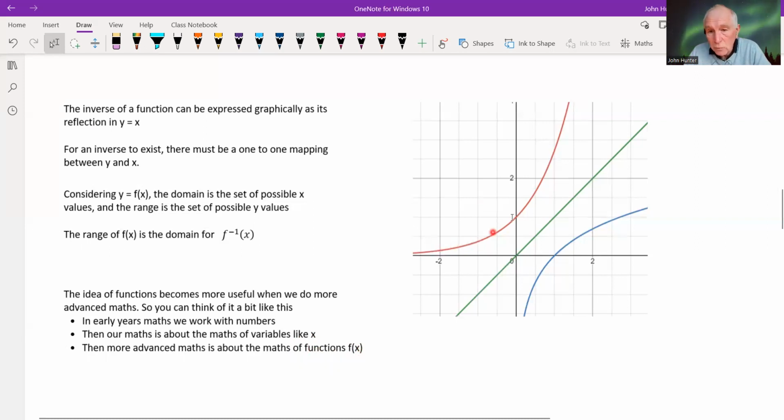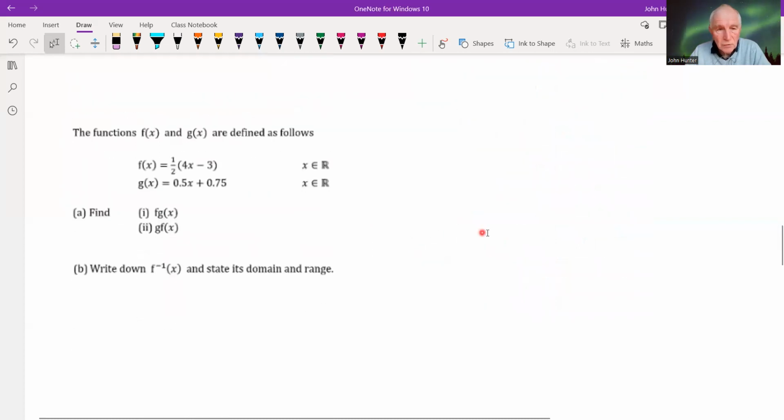Then what we find is that we've shifted this red line, in this case, 2 units to the right. So that's how that works.